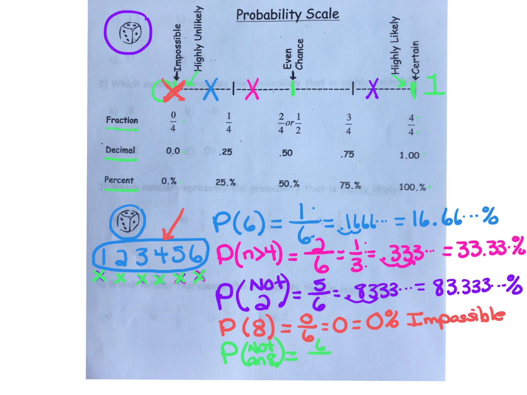That would be a 6 out of 6 chance, which is 1, and when you multiply by 100, that's a 100% chance of occurring. It is what we call certain. And that puts you here on the probability scale.